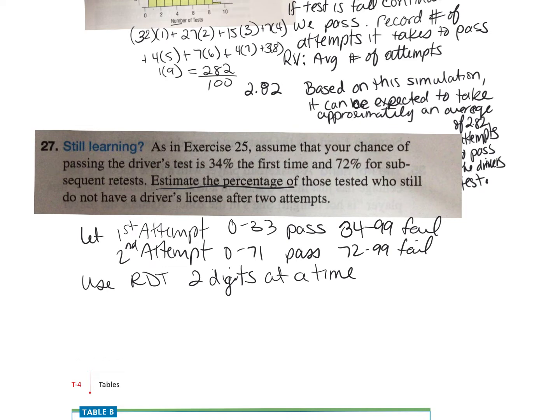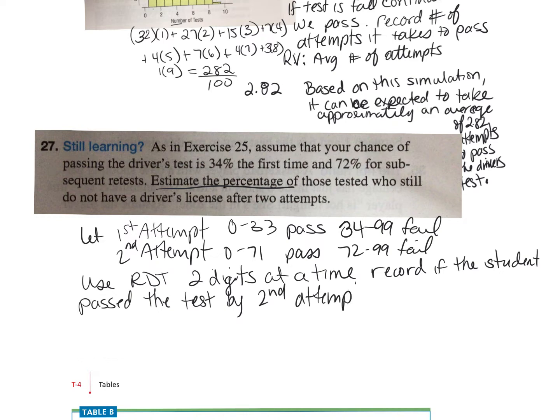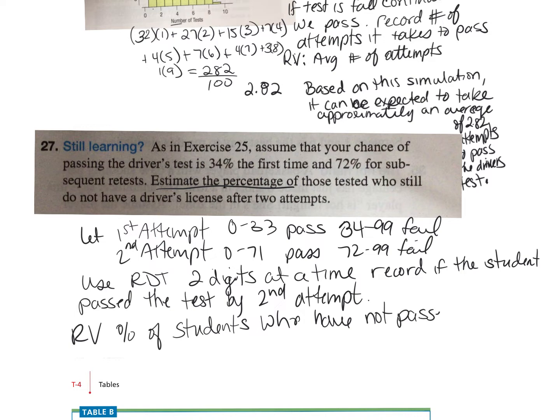Recording if the student passed the test by second attempt. Our response variable is the percent of students who have not passed after 2 attempts.